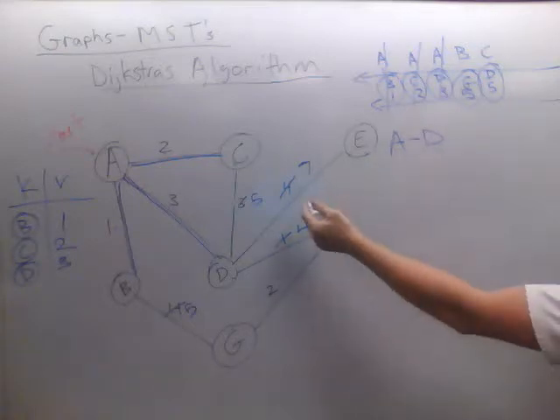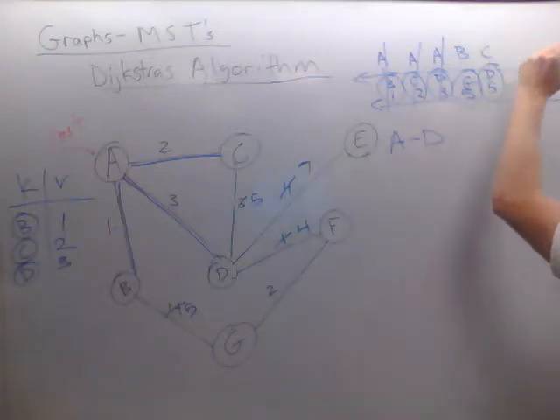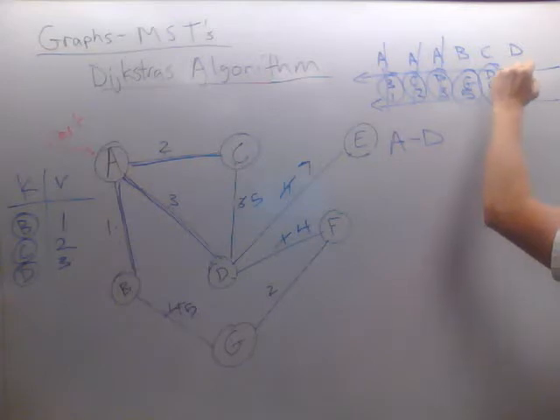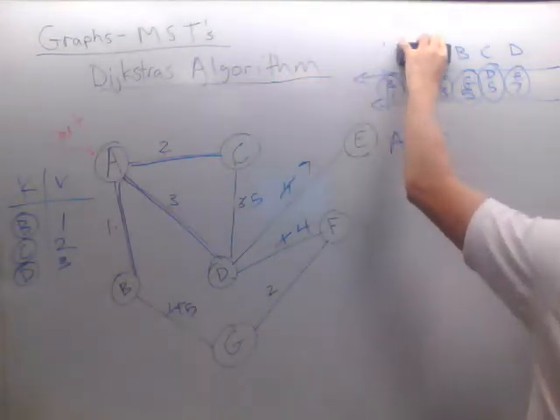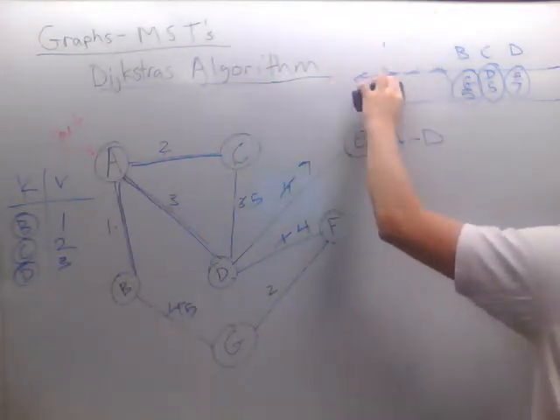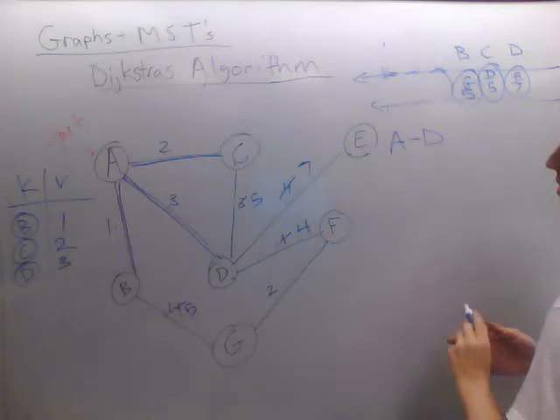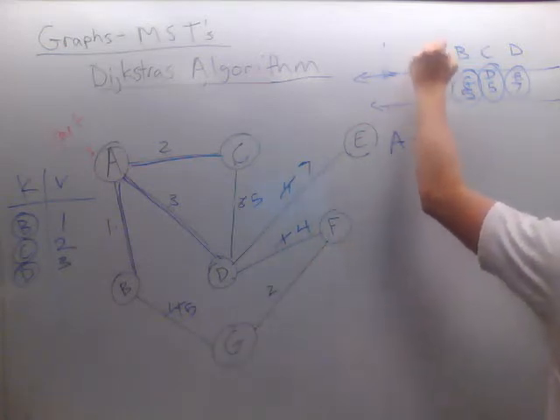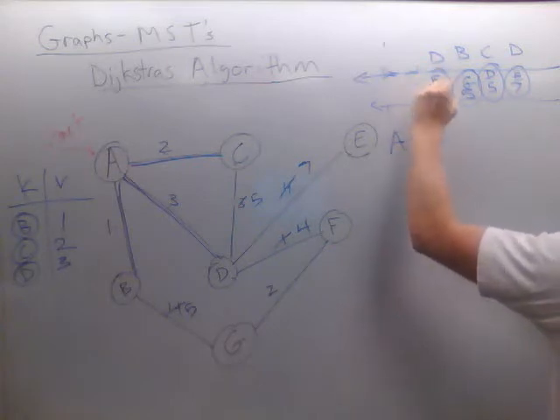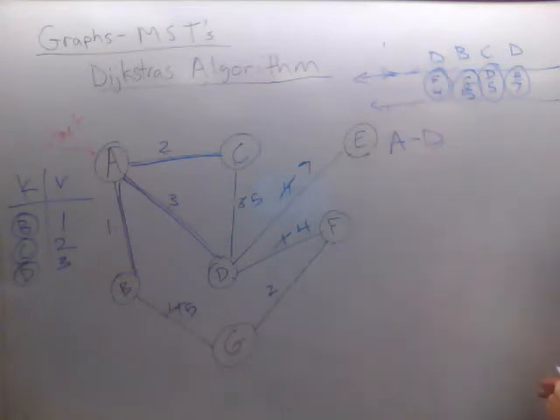So D to E with weight 7, or let's erase these used ones. Or I can go from D to F with weight 4. So notice the priority queue is still sorted.